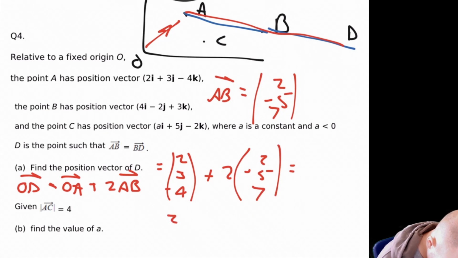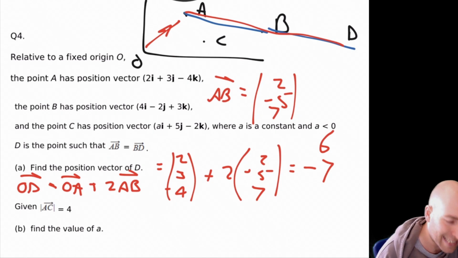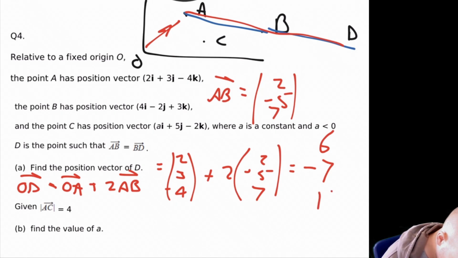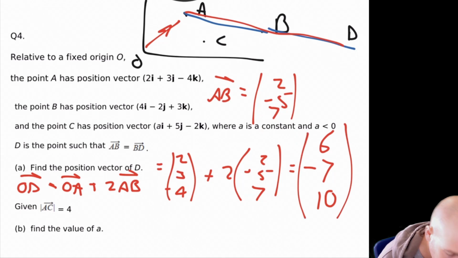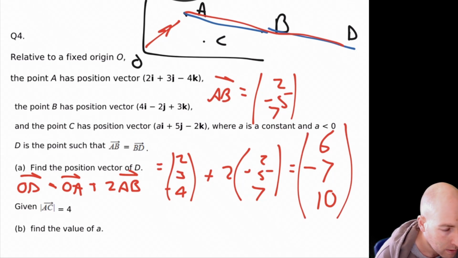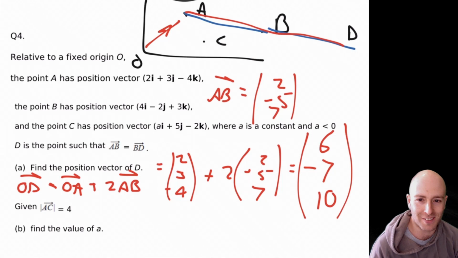So we get 2 plus 4 is going to be 6. 3 minus 10 is minus 7. And minus 4 plus 14 is going to be 10. So 6, minus 7, 10. I might have made a mistake because you guys have got something else to me there.